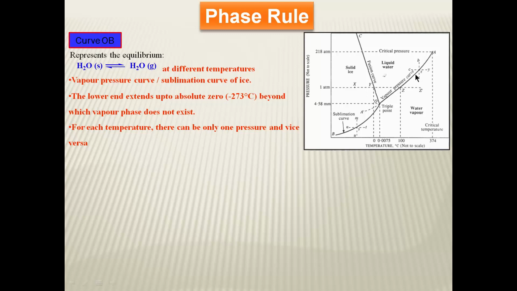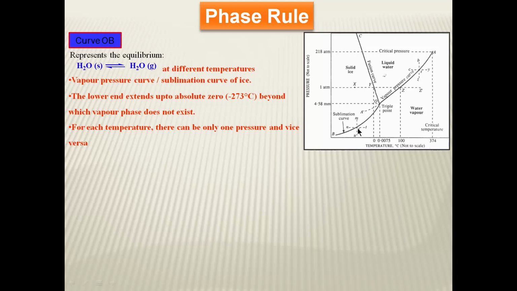As I explained the dotted lines XB, XY, XZ, XC in the previous slide, similarly on the sublimation curve, if I select a point S, at this point S, solid water and gaseous vapor are in equilibrium with each other. Now again, we can study these parameters, that is, if we increase the pressure keeping the temperature constant and vice versa, we can study it at any point, and the same can be applied to the fusion curve also.